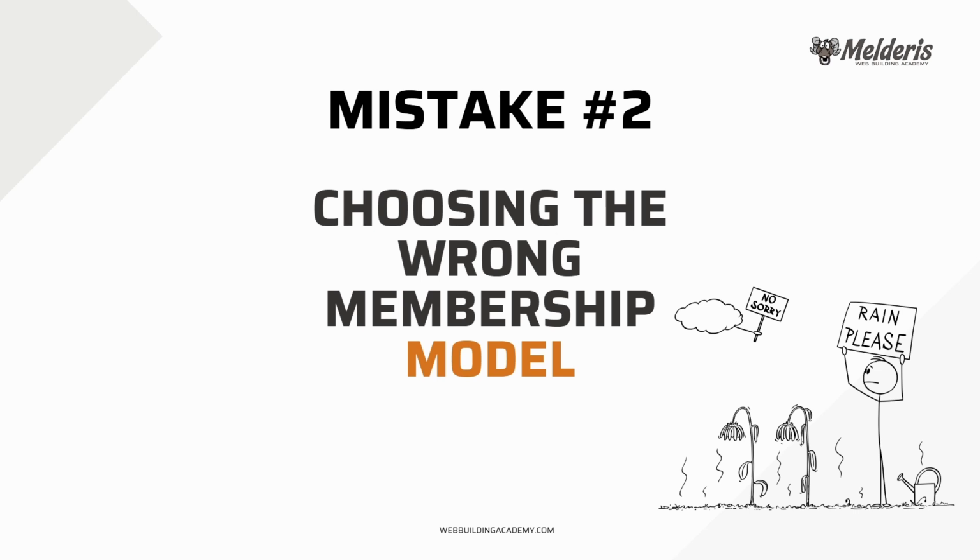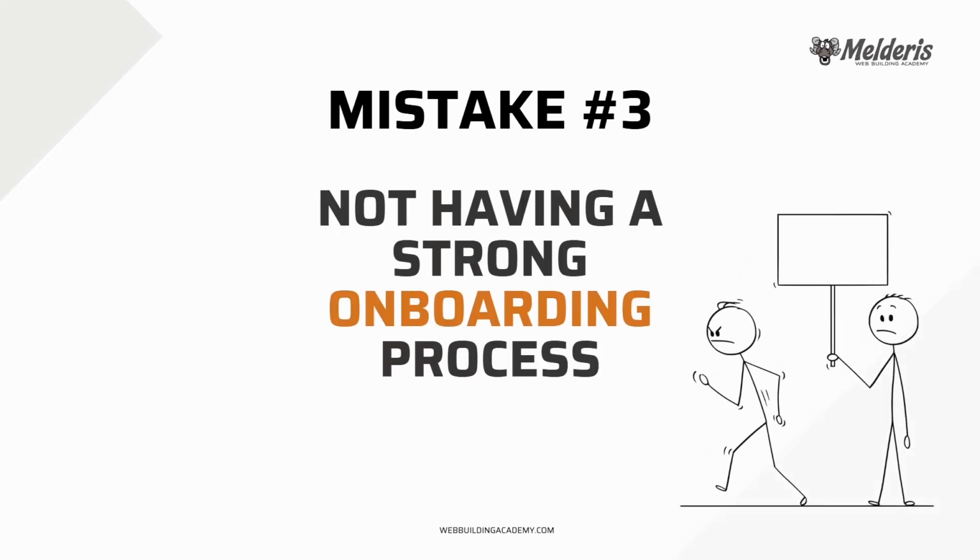Now let's get to mistake number 3. Mistake number 3 is not having a strong onboarding process. This is another important part, which is a welcome sequence for when your members join your membership. If you do not have this in place, people join your membership, get into your dashboard where your content is, and look around, but they don't understand where they need to start, what they need to do, what is important and what is not.